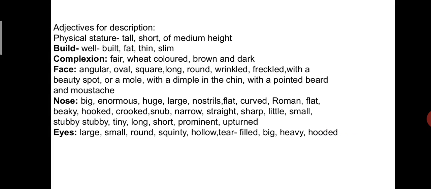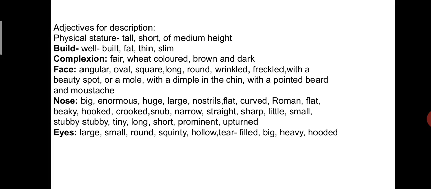See what are the adjectives for the face: angular, oval, square. What your observation is, is the important part in this description. Round, wrinkled, freckled, with a beauty spot, or a mole, with a dimple in the chin, with a pointed beard and mustache. Nose: big, enormous, huge, large. Nostrils: flat, curved.